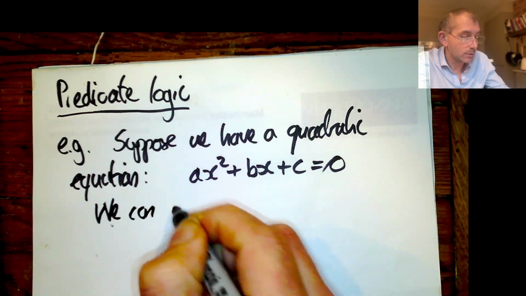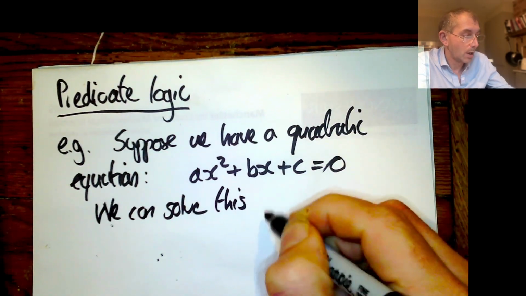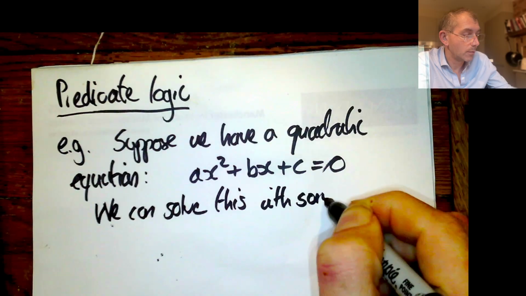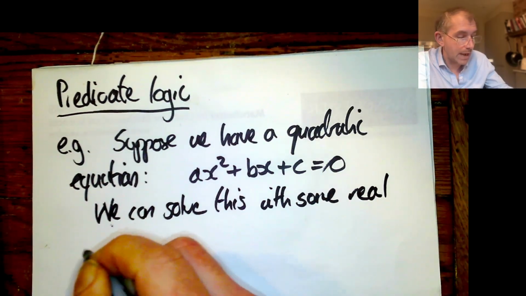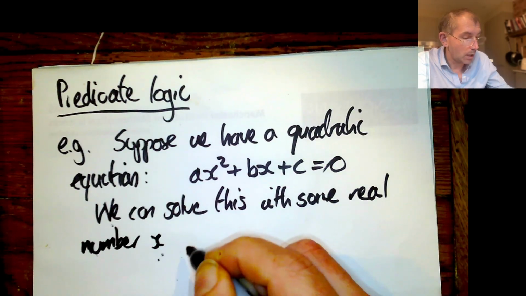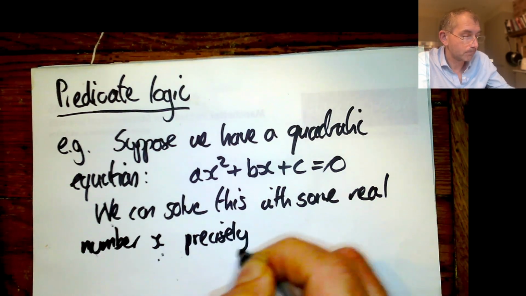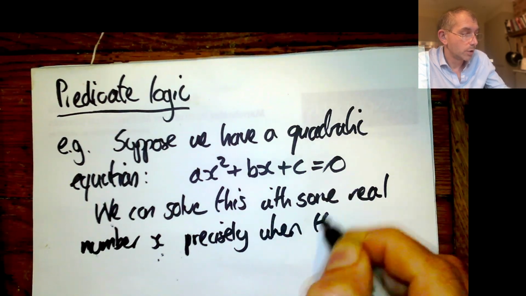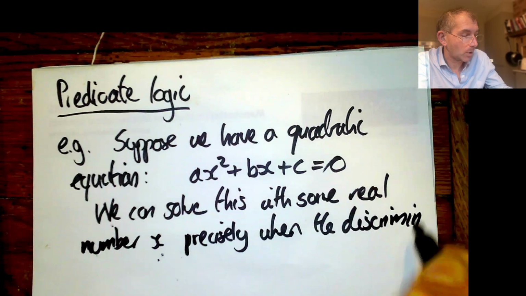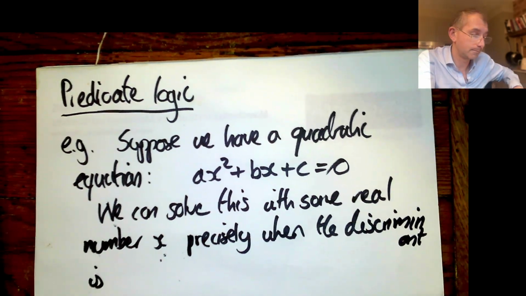So we can solve this with some real number x precisely when the discriminant is positive.